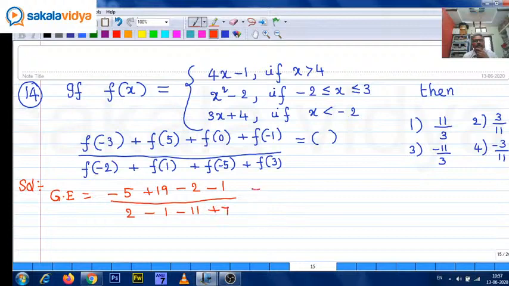We need to simplify this. 19 minus 8 upon, actually you will be getting 9 minus 12. 11 upon minus 3, you can write minus 11 upon 3. The third option is the right option.